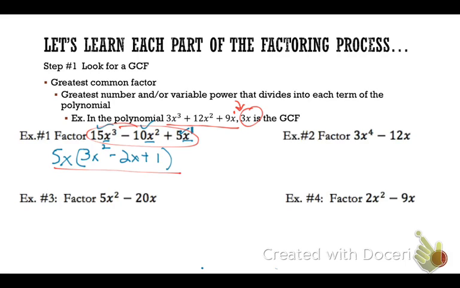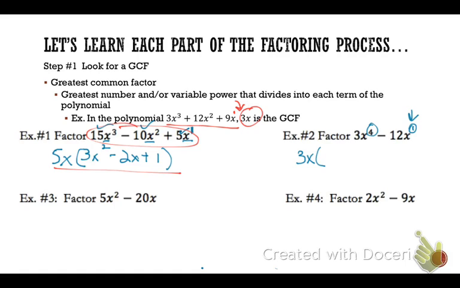Example 2, we have 3x to the 4th minus 12. So start by looking at your numbers. The biggest number that will divide into 3 and 12 is 3. The most x's that you can divide out without going over any in a single term is 1. We open up a parentheses and then we write what we have once we've divided 3x out. 3 divided by 3 is 1.